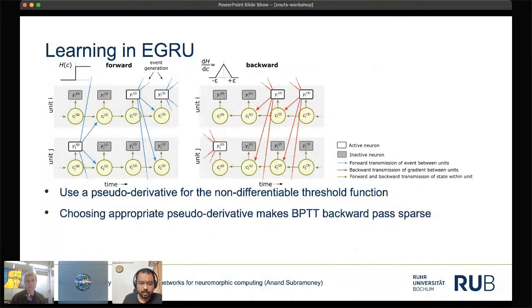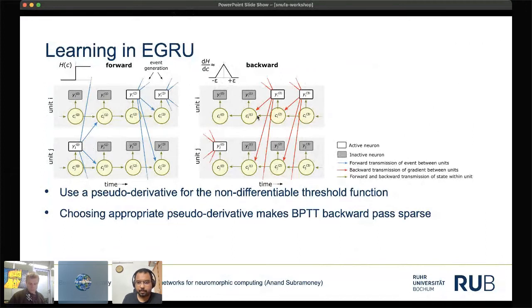In this figure, in the forward pass, if there are these two units and they're active only at specific times, obviously the forward pass only goes through the active units. And with this particular choice of pseudo derivative, which is this piecewise linear function that is zero everywhere except for this small region, the backward pass is sparse as well, because the gradient is zero for all the time steps and units where we are outside the support of this pseudo derivative, or the surrogate gradient.